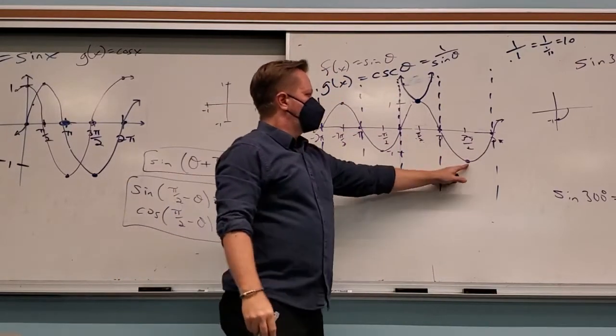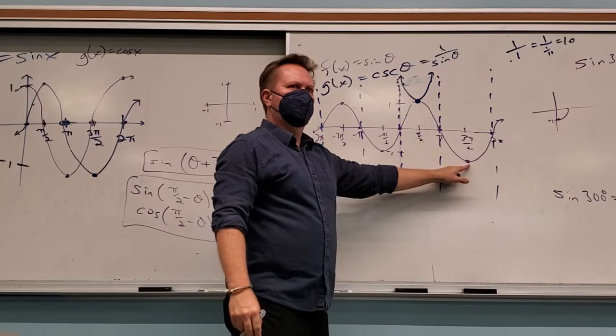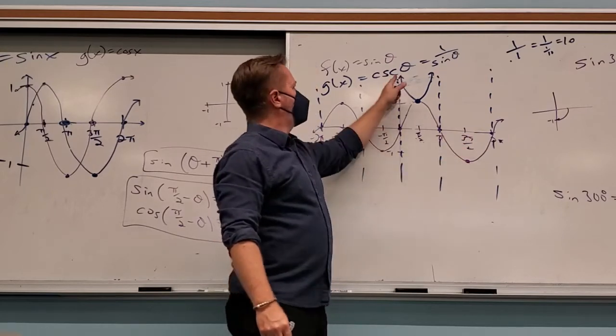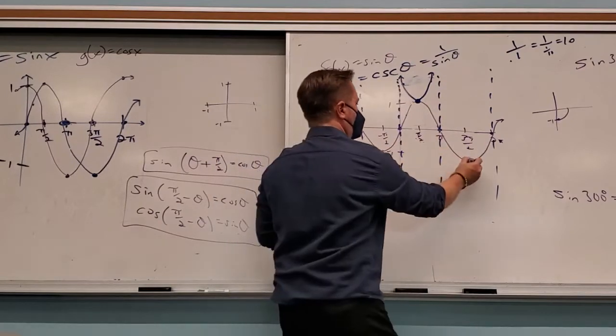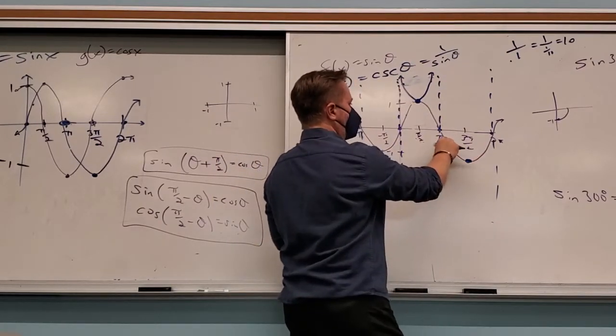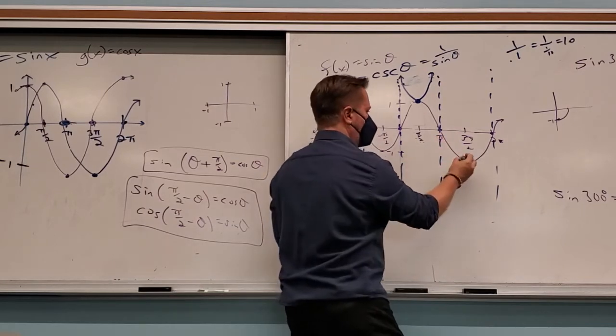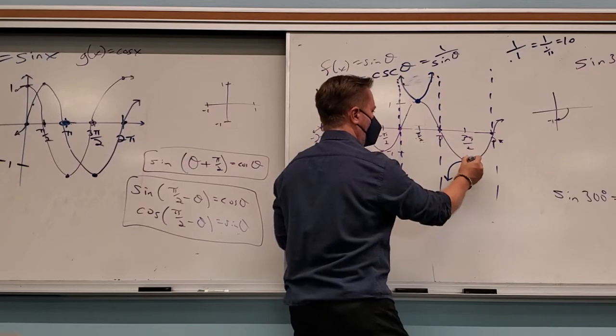So what do you think is going to happen here? What is it right here? It's -1, right? So cosecant is 1 divided by -1. It's also -1. Here it's -1/10. So cosecant will be 1 divided by that, it will be -10, right? So it's just going to have the same picture, just opening down this time.